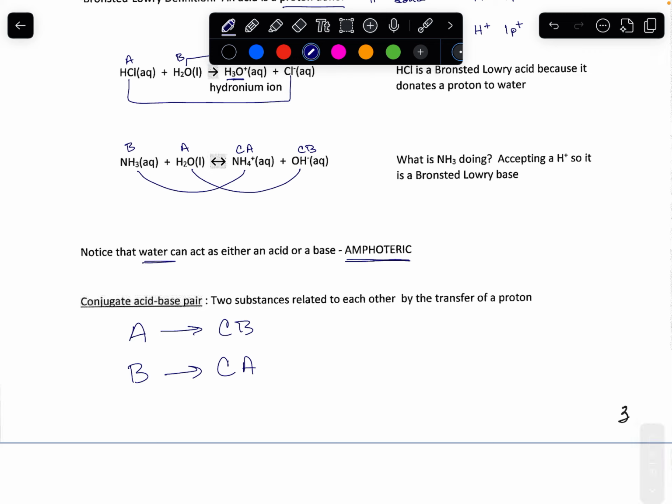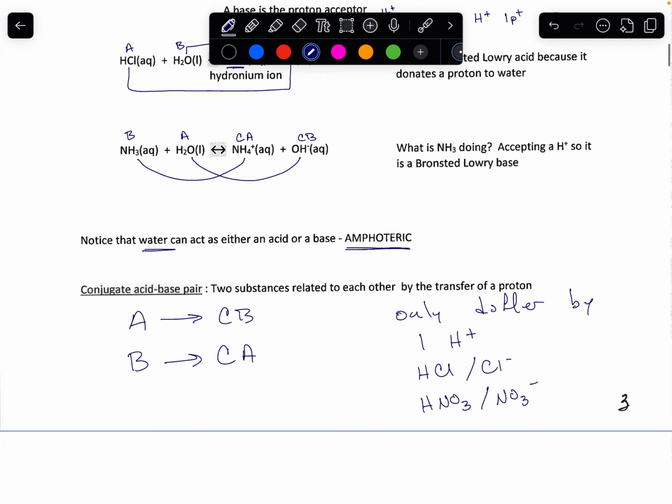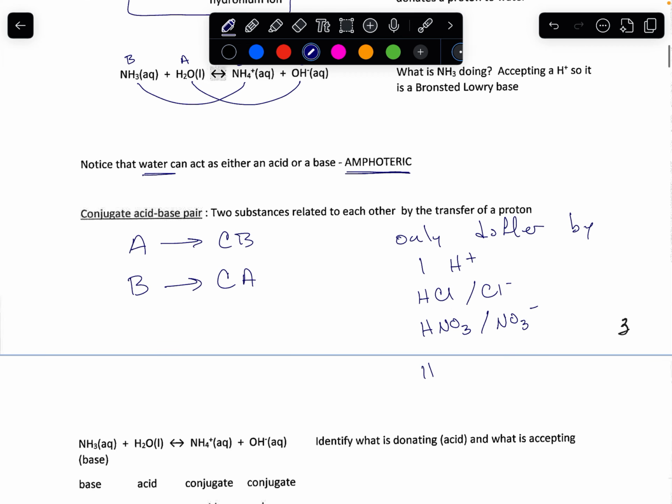The last thing here is you have to make certain that these only differ by one H plus. For example, HCl and Cl minus differ by an H plus; I took away a proton. Or HNO3 and NO3 minus.